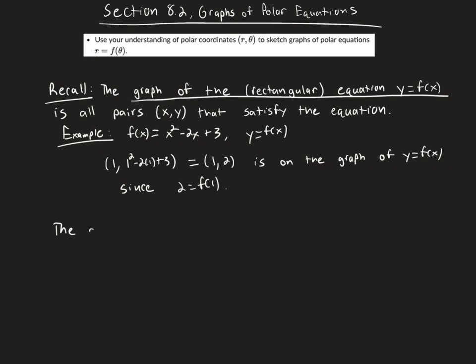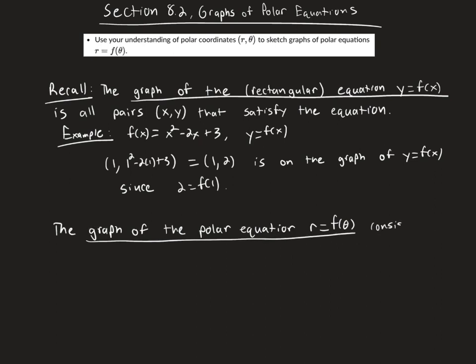So the graph of the polar equation r equals f of theta consists of all points r theta that satisfy the equation.